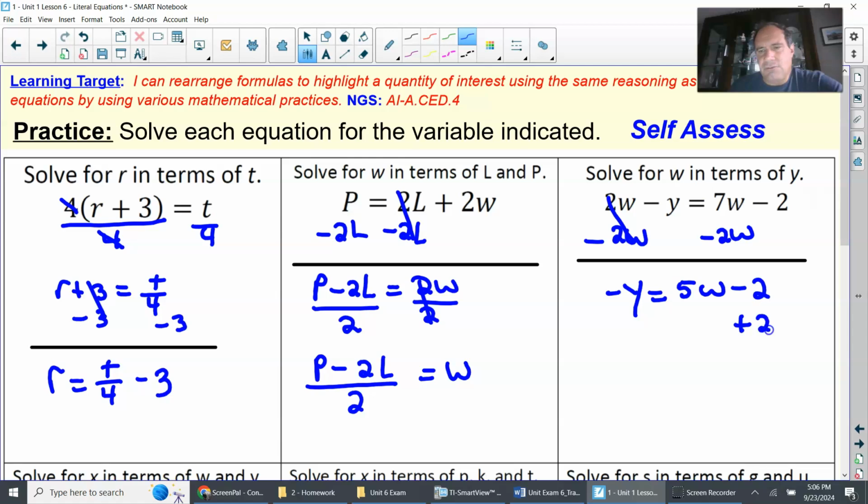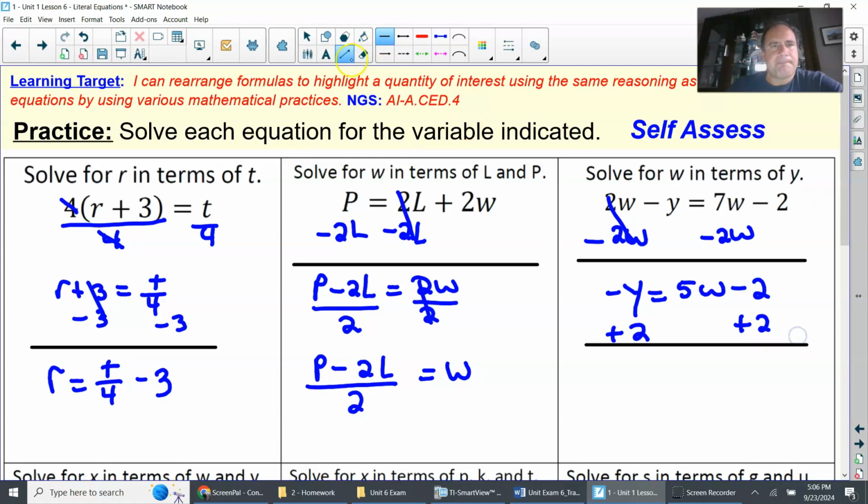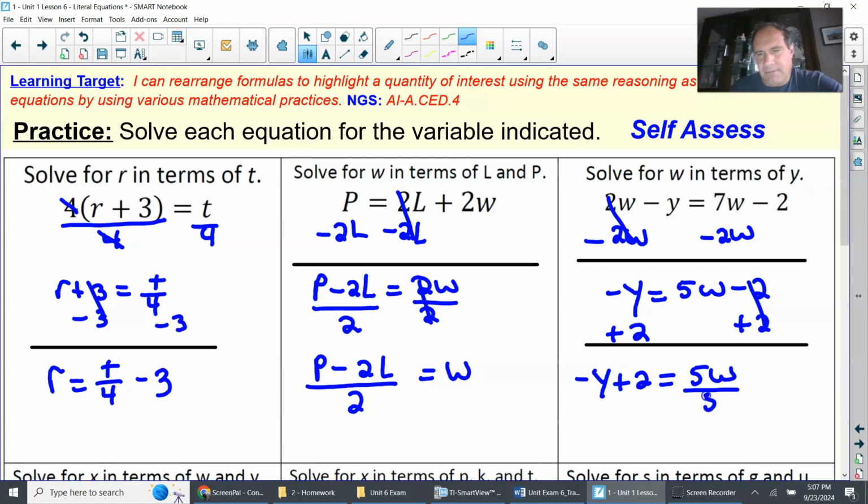Then I'm going to add 2 to both sides. This cancels. I'm going to have negative Y plus 2 equals 5W. And I'm dividing by 5 to finally solve for W. And I'm going to get W equals negative Y plus 2 over 5.